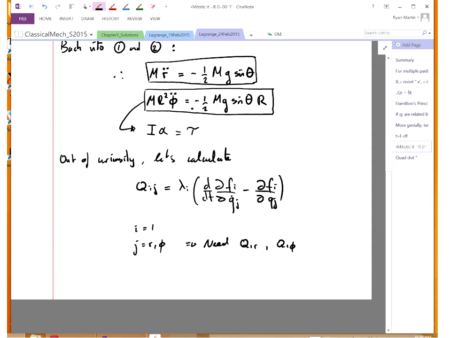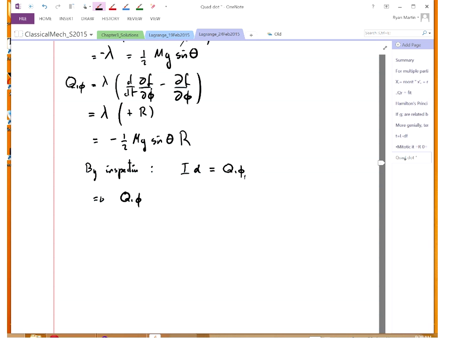The equation of motion in phi double dot was exactly equal to minus a half mg sine theta R, which is what we found, right? So Q1 phi is the torque that makes the hoop turn.